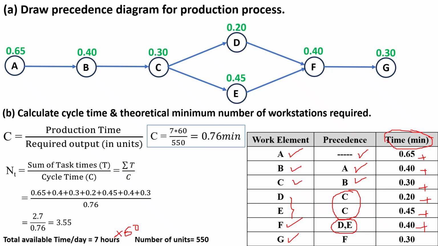The total task time becomes 2.7, so the number of workstations equals 2.7 divided by 0.76, which is 3.55, and nearly its value is 4. So 4 workstations are required.